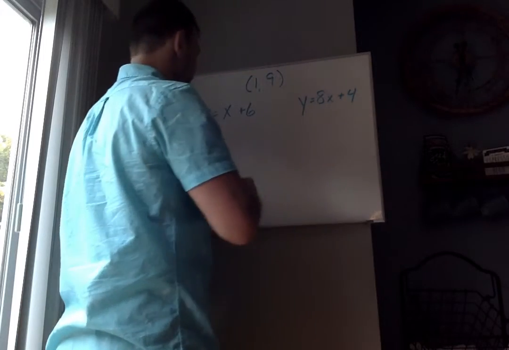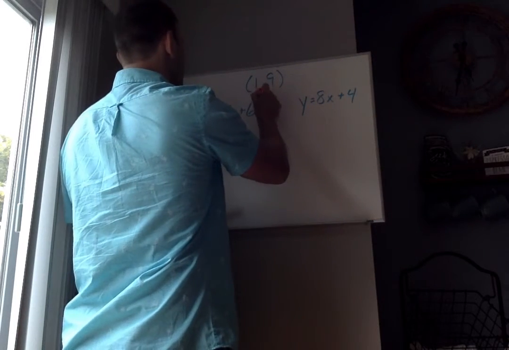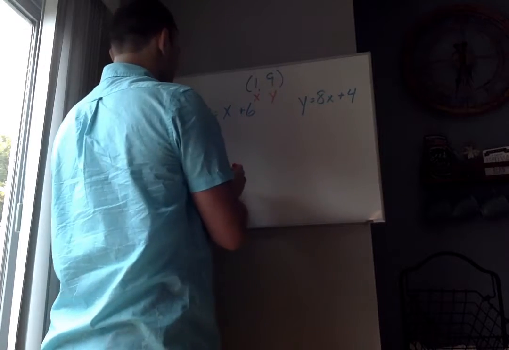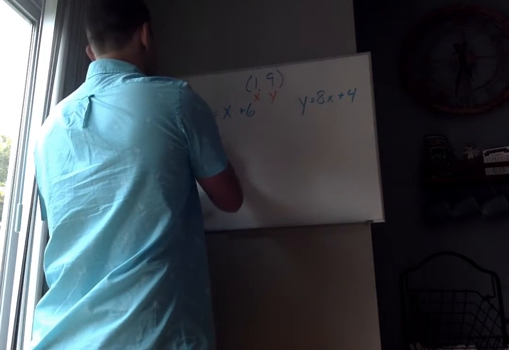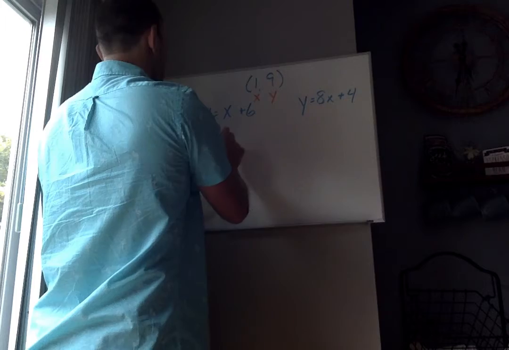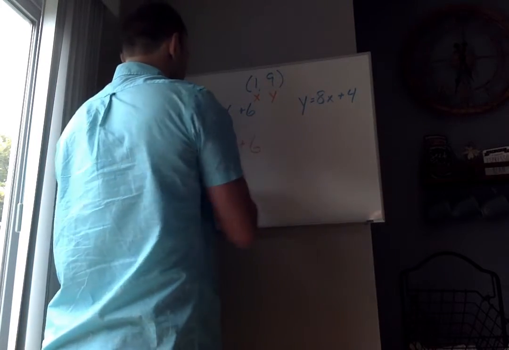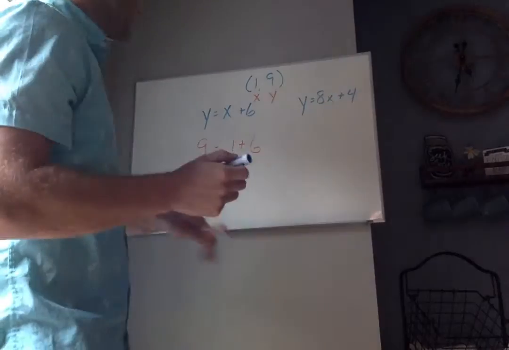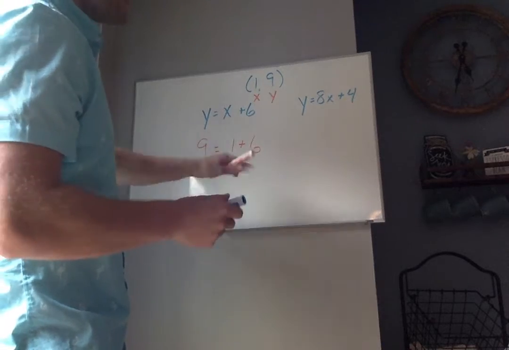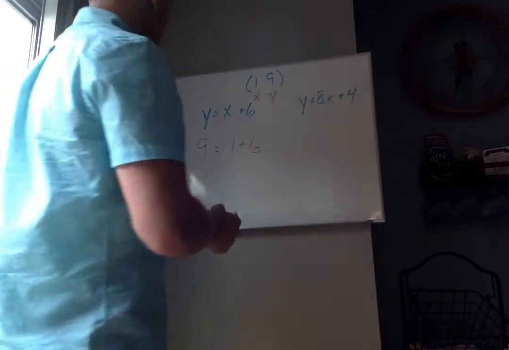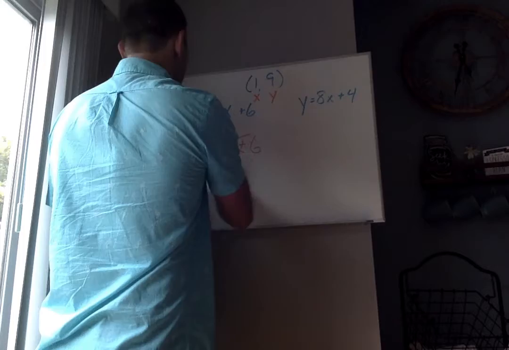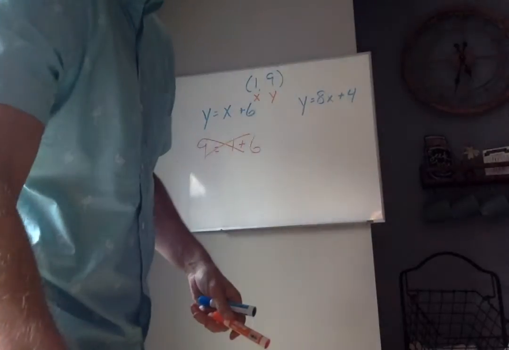So I'm going to label my point (1, 9) as x, y, and substitute in this equation 9 for y, 1 for x. And again, you're going to see that 9 does not equal 1 plus 6. So this again is no solution.